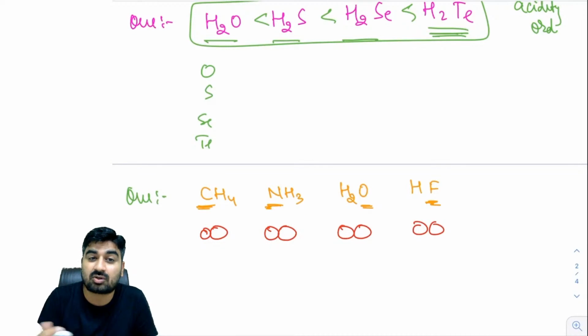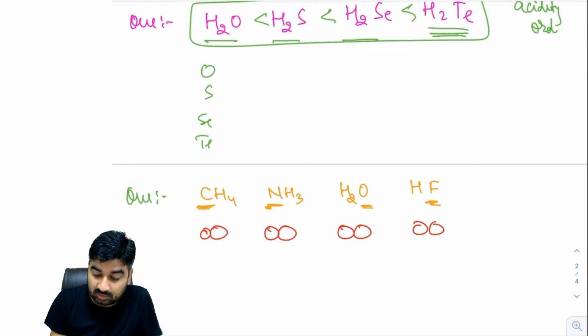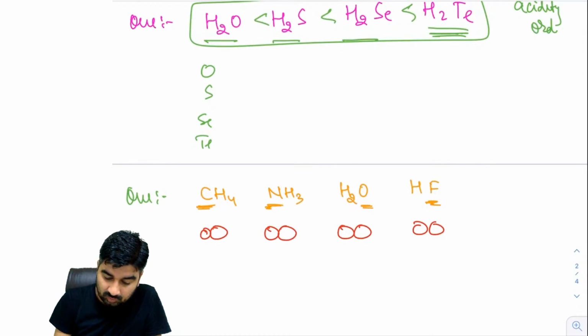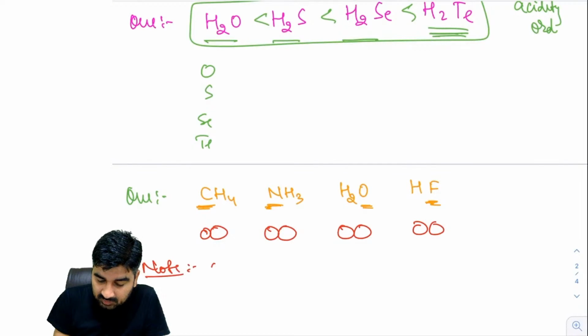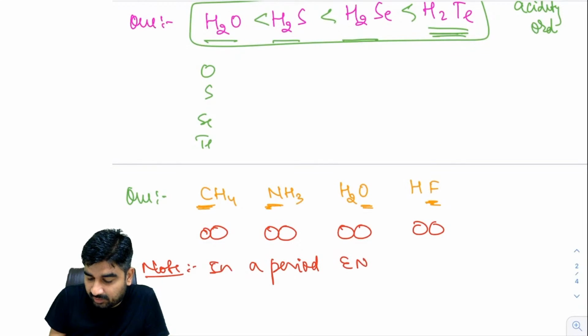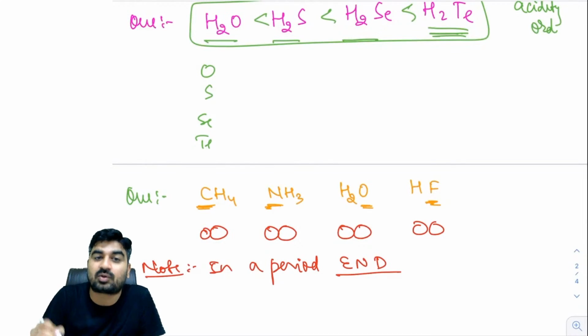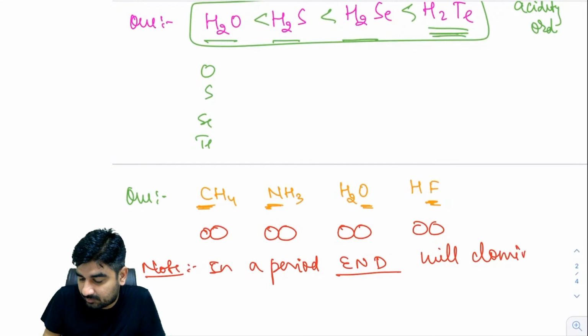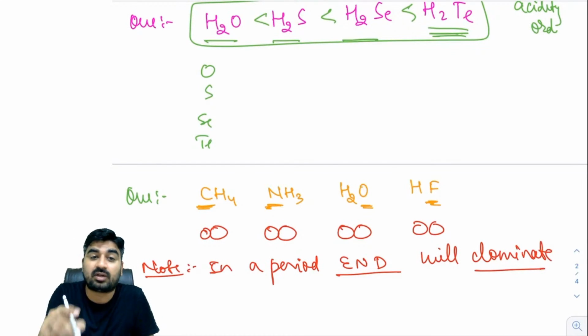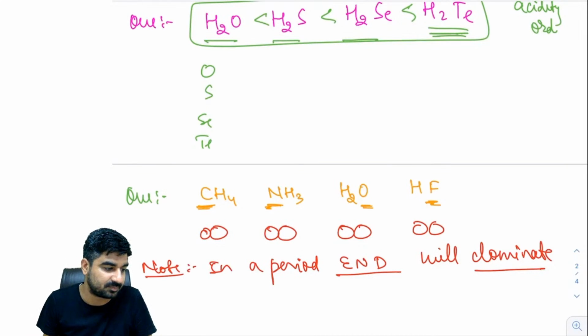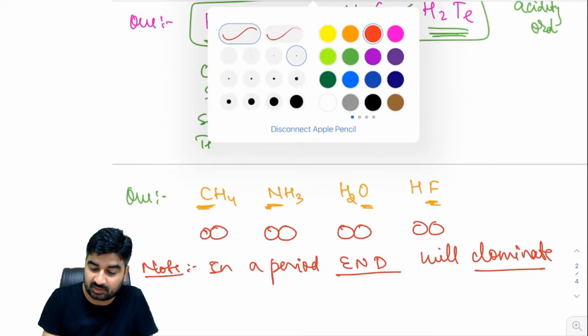So if bond length is not changing much, then in a period, note, in a period, electronegativity difference, EN difference, will dominate. So now see where electronegativity difference is maximum.